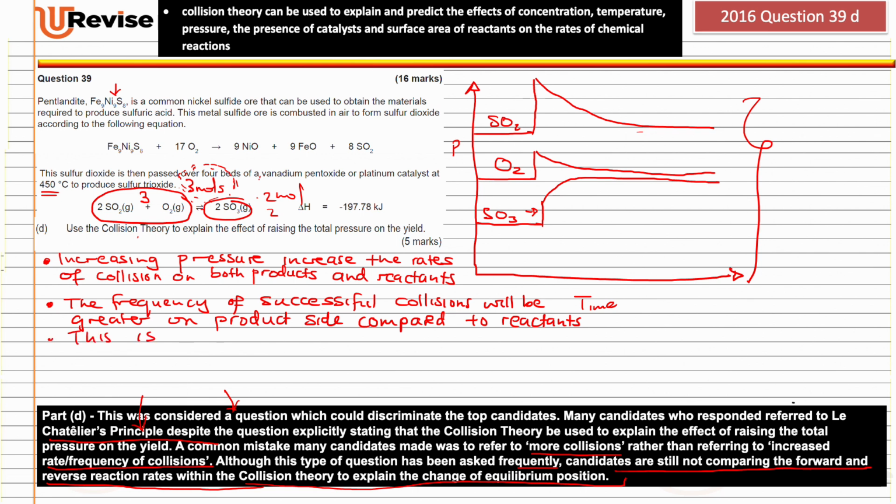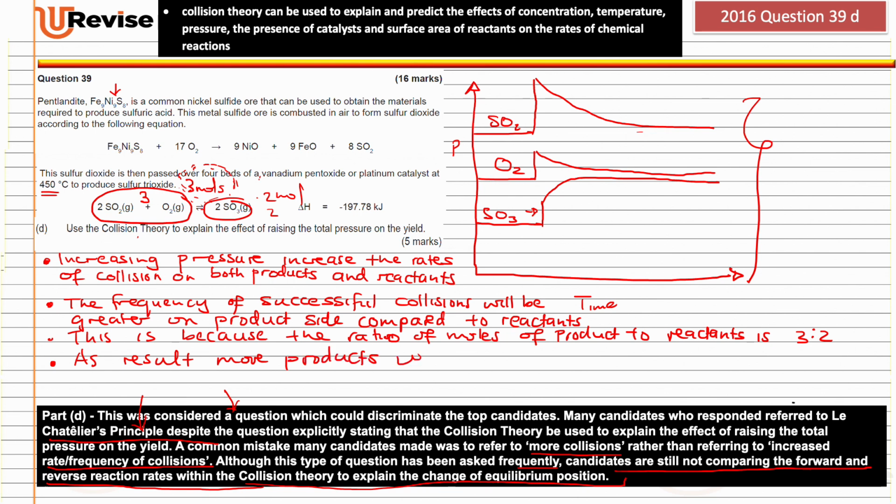This is because the ratio of moles of products to reactants is 3:2. As a result, more products will form, increasing yield.